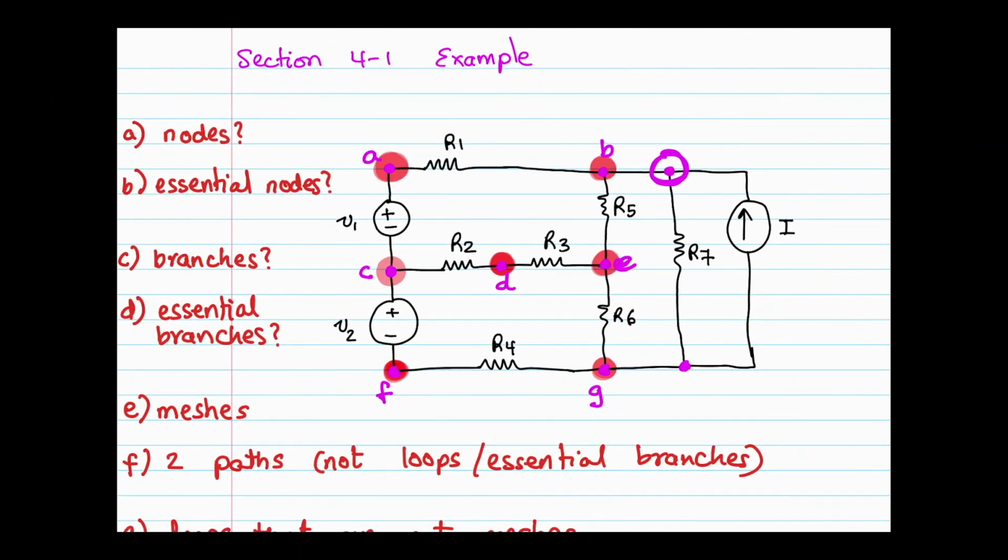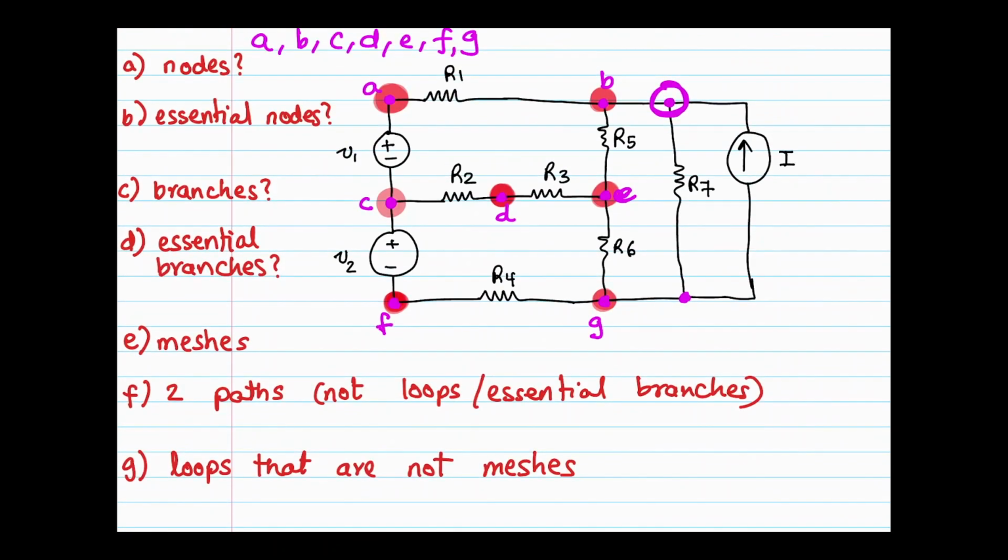So what are all the nodes? The nodes are A, B, C, D, E, F, G.